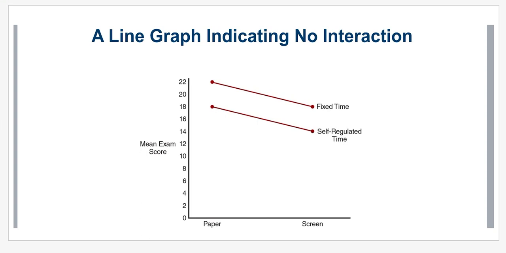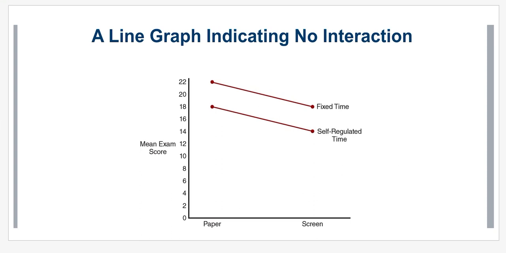So fixed time was higher than self-regulated time. The scores on the y axis are the mean exam scores. On average, studying for a fixed time led to higher exam scores than the self-regulated time because that line is above the self-regulated, right?